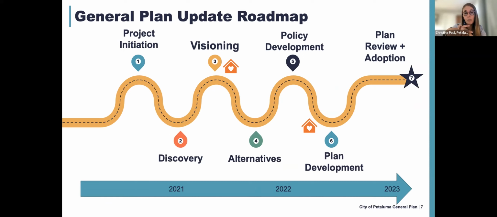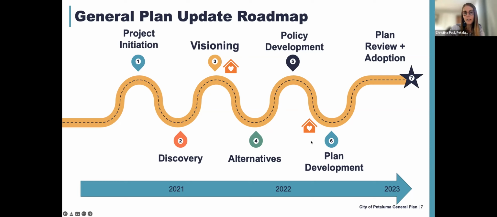We are updating the general plan and the housing element together. We have just wrapped up the visioning phase of our general plan and are initiating the housing element. The housing element is going to wrap up a little bit before the completion of the general plan because we have some statutory requirements around the housing element.